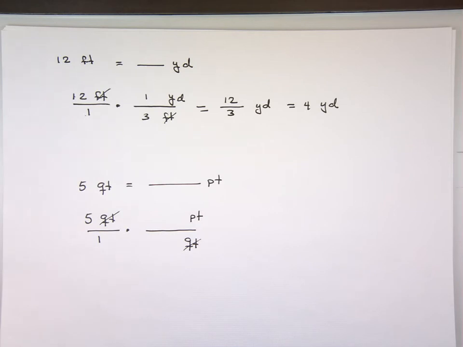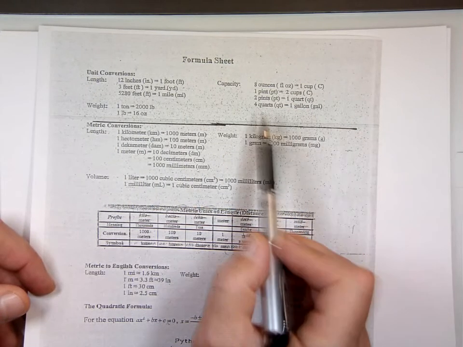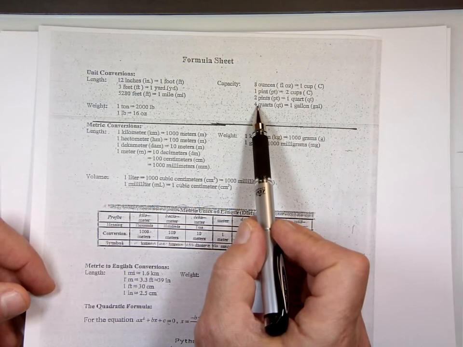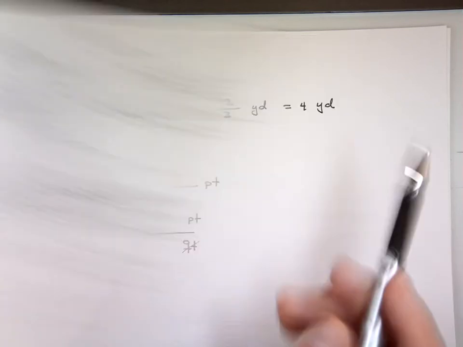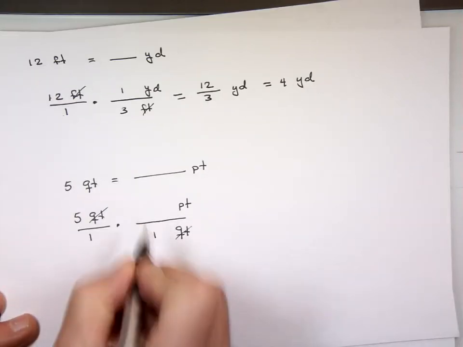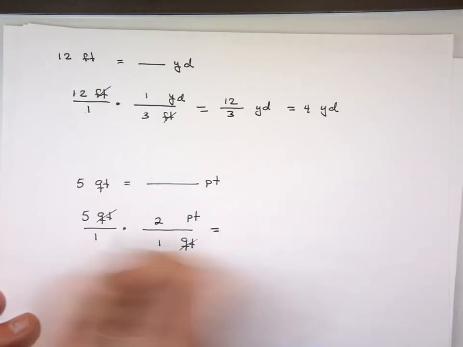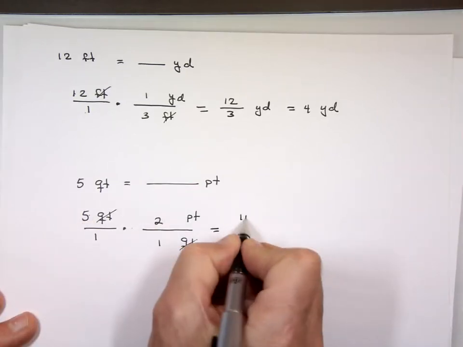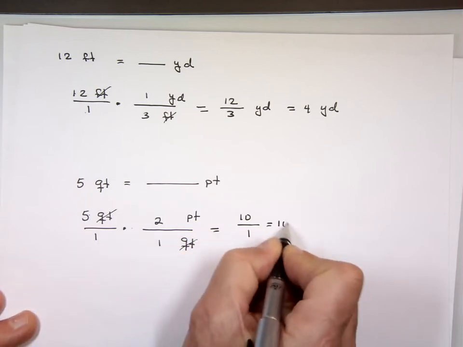Let's see. Quarts and pints. Do you see anything for quarts and pints? 4 quarts, no. 1 quart equals how many pints? 2. 1 quart equals what? 2 pints. 5 times 2, which is what? 10. 1 times 1 is 1. That's 10 pints.